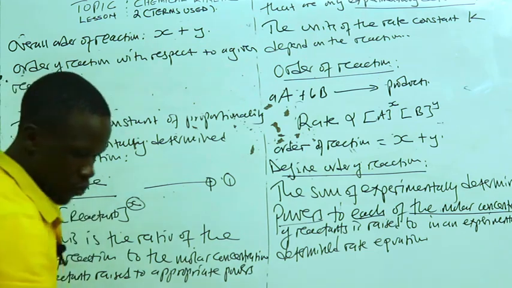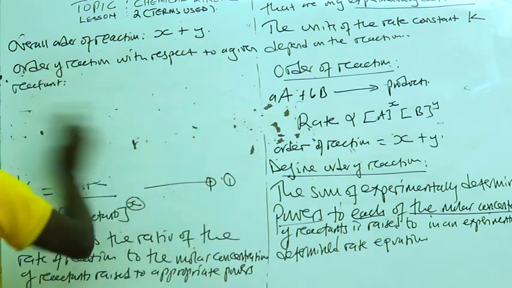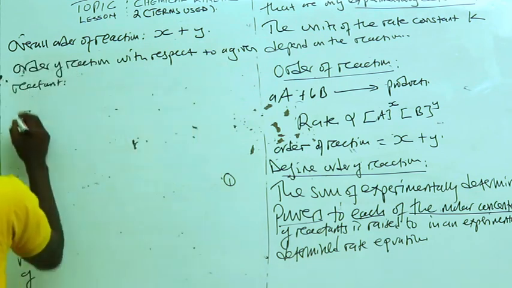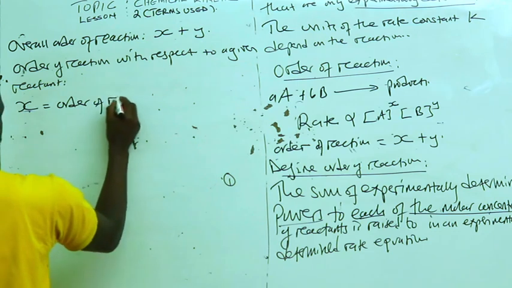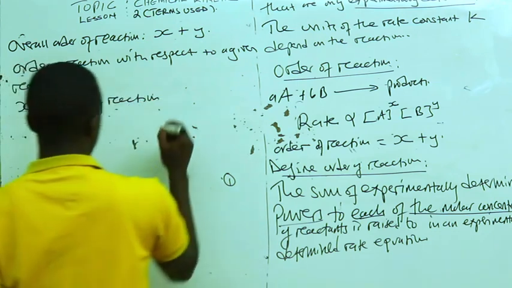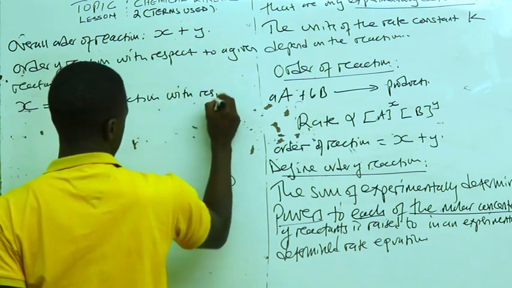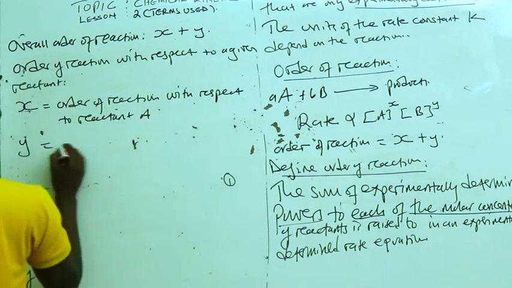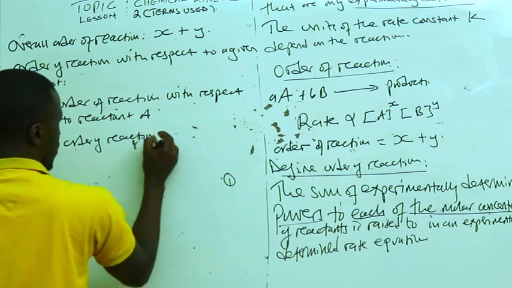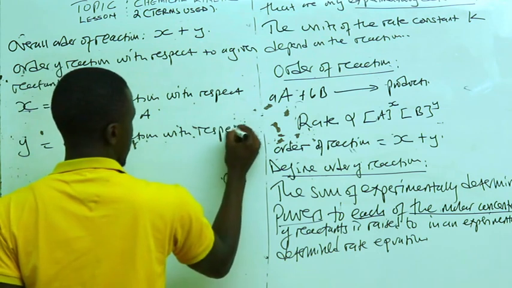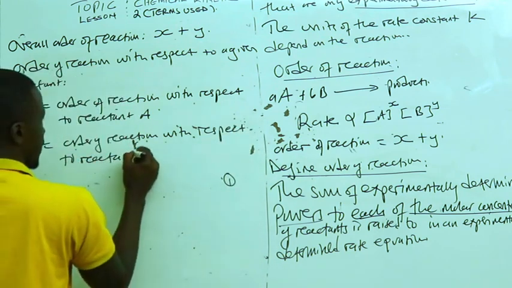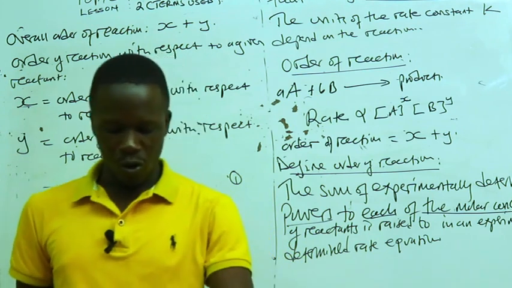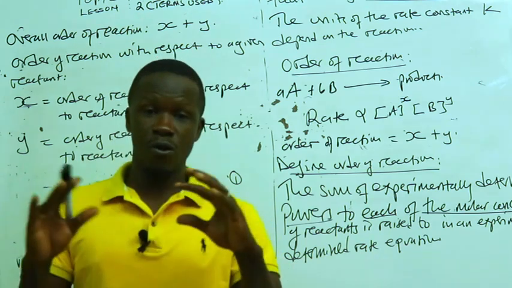For example, we can say that x is the order of reaction with respect to reactant A, whereas y is order of reaction with respect to reactant B. So we have order of reaction with respect to a given reactant, but there is also what we call overall order of reaction.